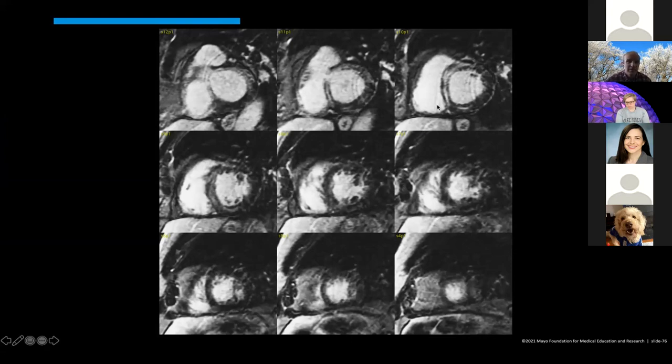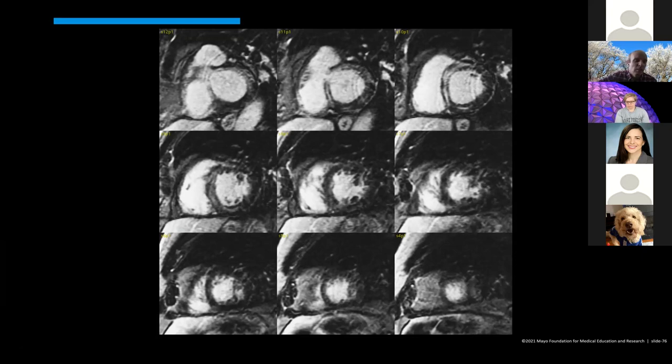And so that'll be bright or white, like you can see here up at the base. We see some enhancement here in the septum. We see some enhancement here in the inferior wall, a little bit in the anterior wall as well. And so we have patchy mid-myocardial late gadolinium enhancement in a patient with right bundle branch block.